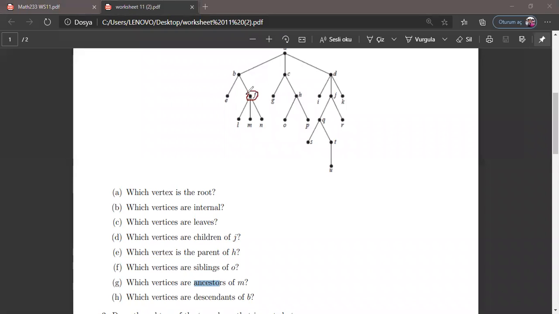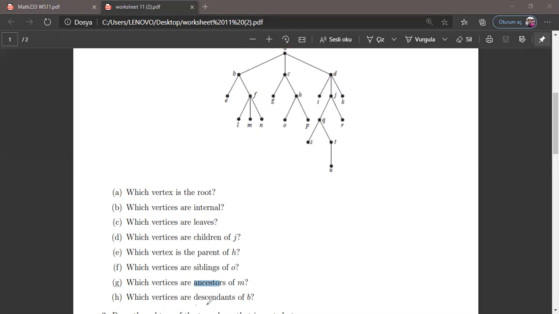Its parent is its ancestor, and the parent of this parent, which is B, is also a grandparent. You say it's also an ancestor of M. And here we have A, which is the root of the tree. Obviously, it's also the ancestor of M. Okay. What about U, T, Q, J, D, and A? They are all ancestors of M. Okay.